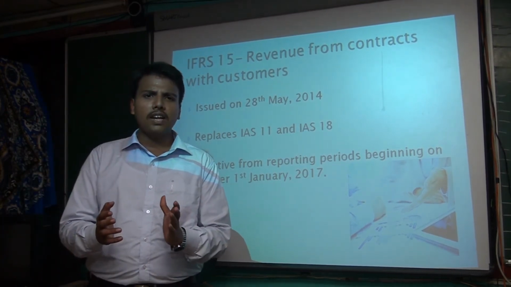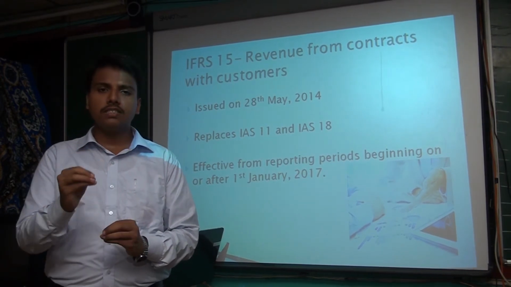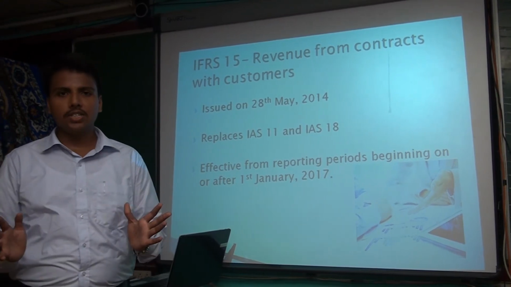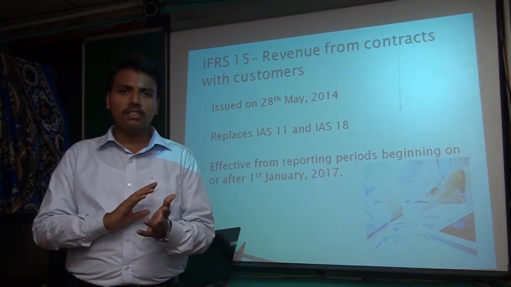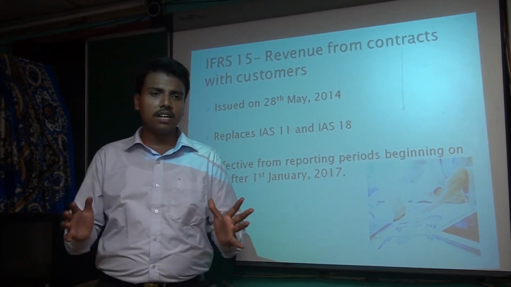This one is applied for reporting periods beginning on or after 1st January 2017, and this means a dramatic change. This may lead to early recognition of revenue in some entities, and most entities are going to get ready for a dramatic change.